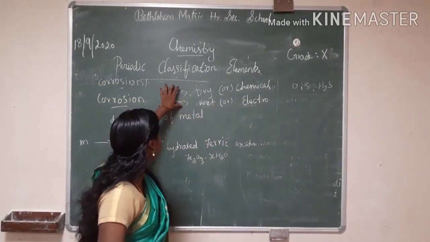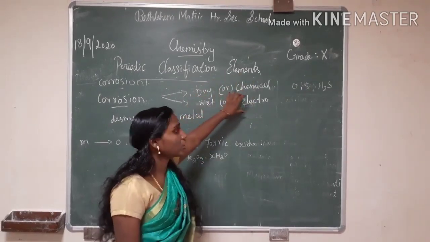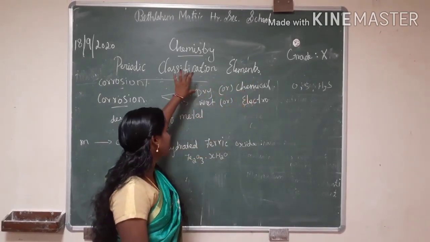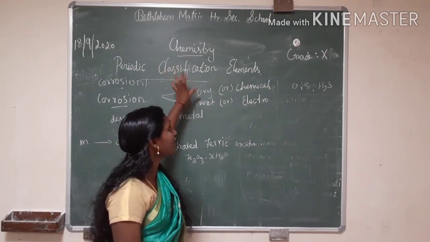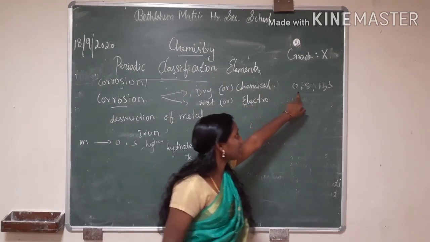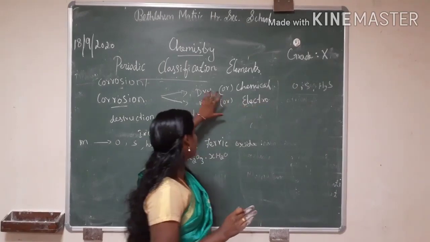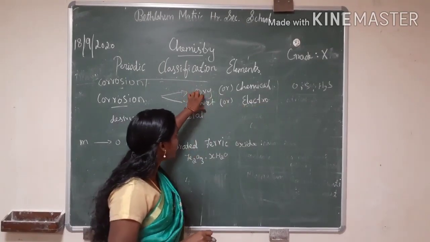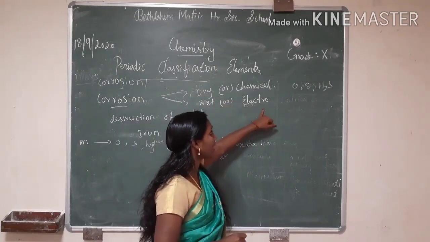We understood two types of corrosion: dry corrosion or chemical corrosion, and wet corrosion or electrochemical corrosion. In dry corrosion, absence of moisture; in wet corrosion, presence of moisture, otherwise called electrochemical corrosion.